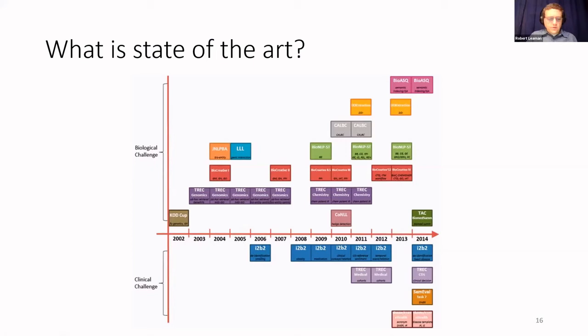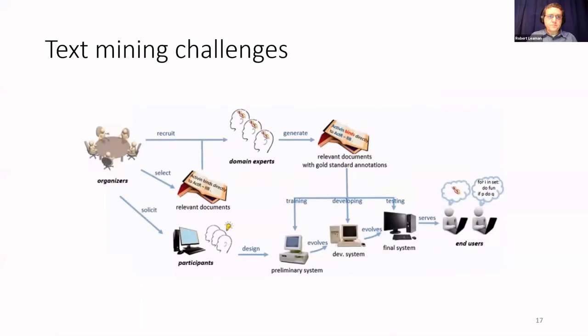What these challenges do is provide data sets that researchers can then work with and see if we can advance the state of the art by all addressing a single data set.